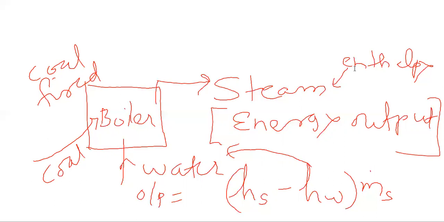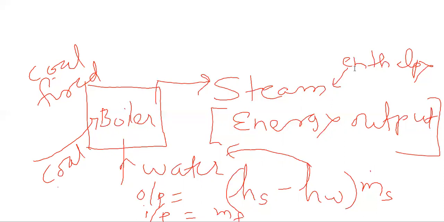It means that if you want to know the input of the boiler in terms of energy, it is equal to the energy which is liberated by the combustion of the fuel. And hence your input expression becomes a very simple expression. Input expression becomes the fuel consumption rate, that is the fuel.